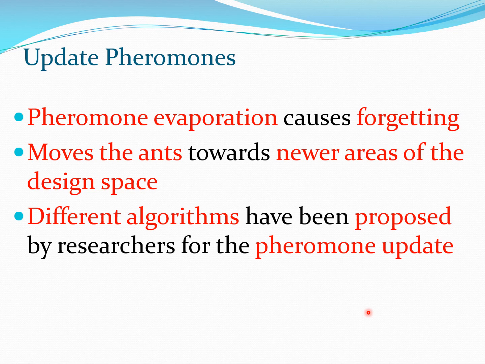And therefore there is a proclivity of the ant now to go towards newer parts of the design space or to investigate new paths in the TSP problem. Now various algorithms have been proposed by researchers for the rule by which pheromones change with time. We have shown one of those rules here. Many such rules are possible.